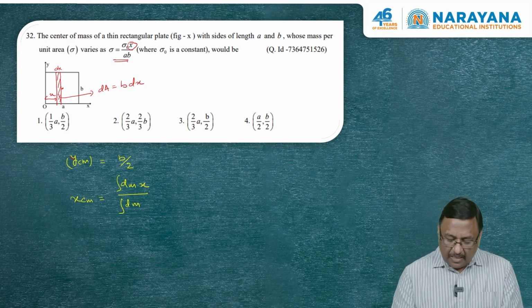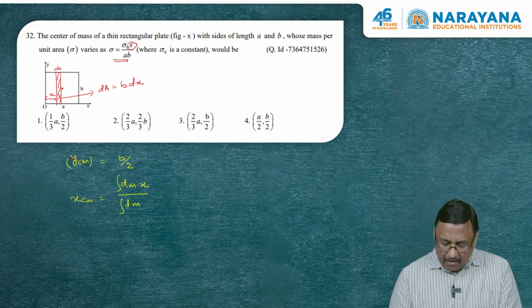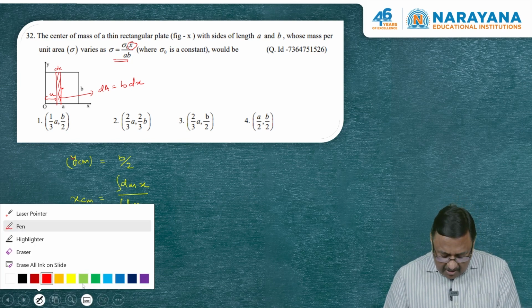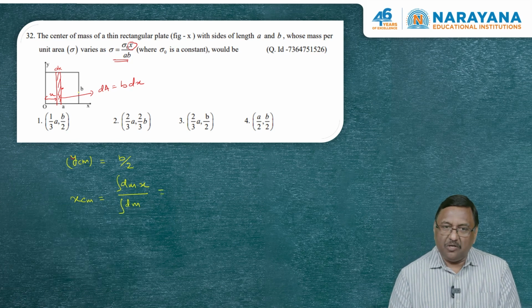If b into dx is my area, sigma is going to be sigma naught x upon AB. So how do I write my mass relation? Mass is nothing but mass density into area. The mass density is given in terms of area itself.